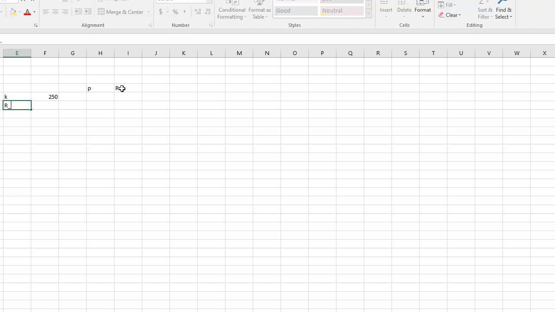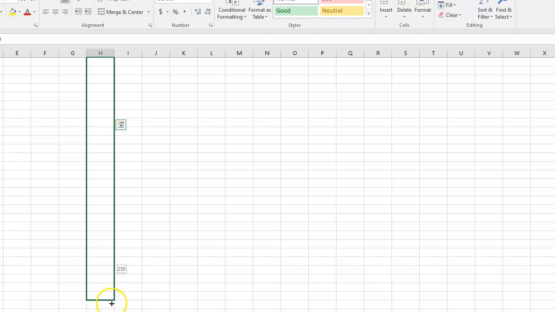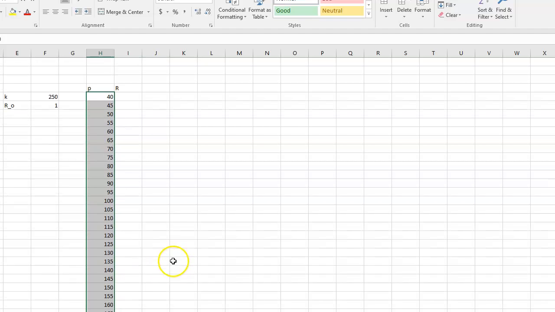I'm going to put in R naught as 1 centimeter, which is roughly the radius of the aorta. And let's take, there's no reason to go too low here, 45, 50, right? Let's take this down to around, we don't need to go all the way to 250 because that's where it blows up.